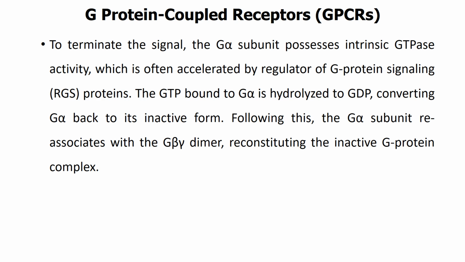The GTP bound to G alpha is hydrolyzed to GDP, converting G alpha back to its initial form. Following this, the G alpha subunit reassociates with the G beta gamma dimer, reconstituting the inactive protein complex.